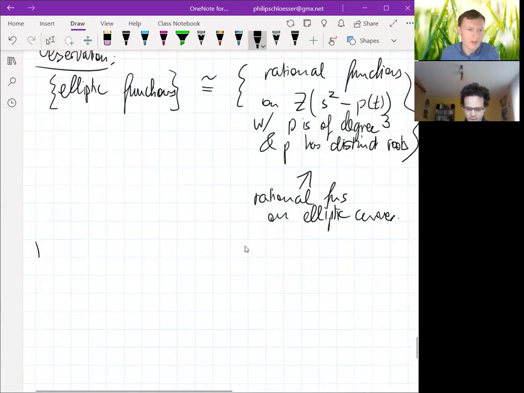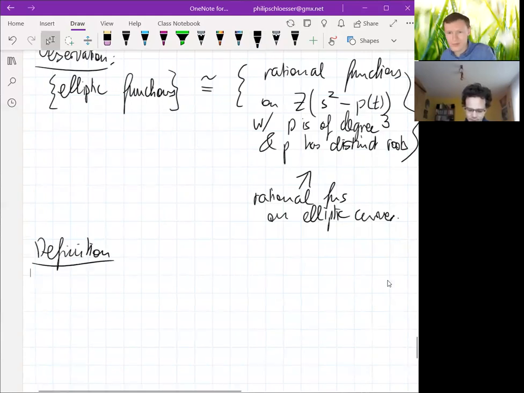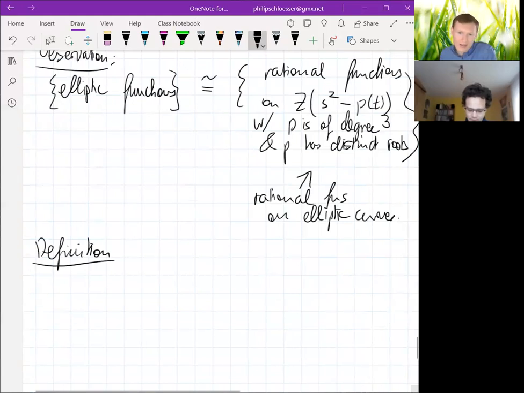So what is an elliptic curve? Well, we could define it as a smooth projective curve of genus 1, nice, but that doesn't really help a lot.